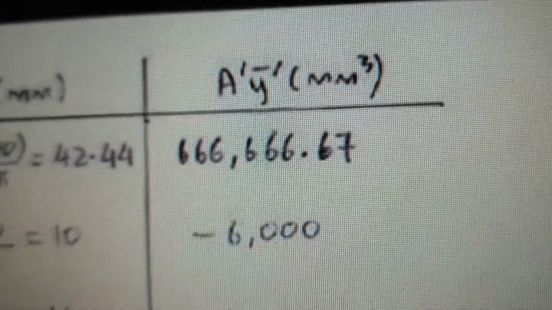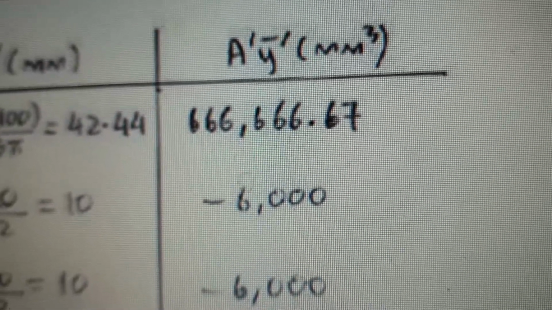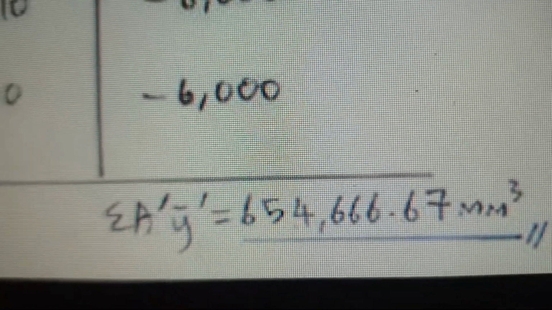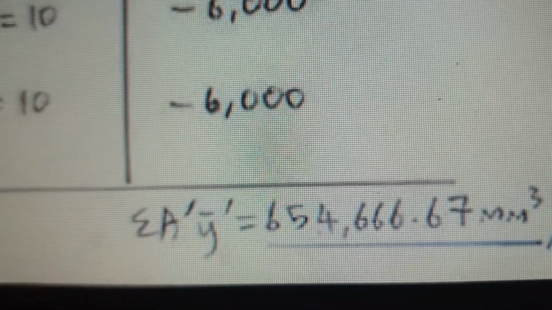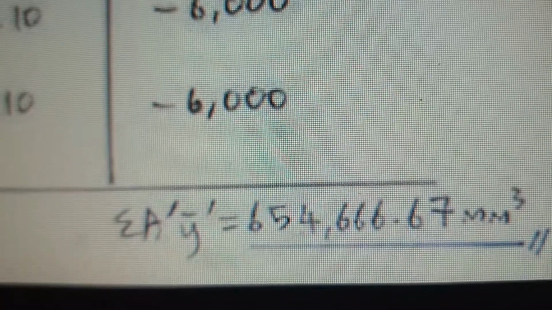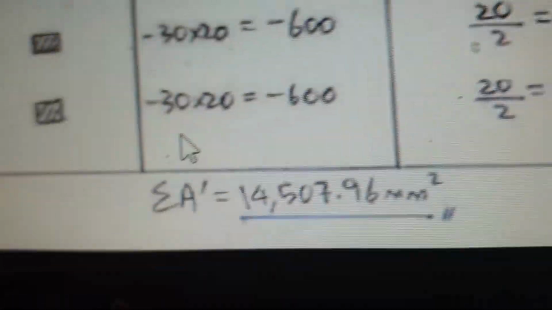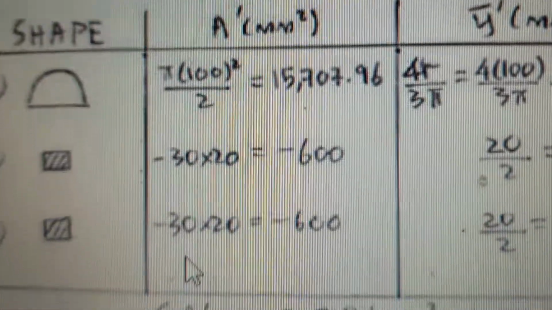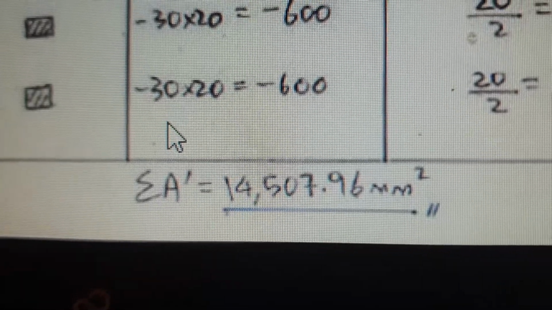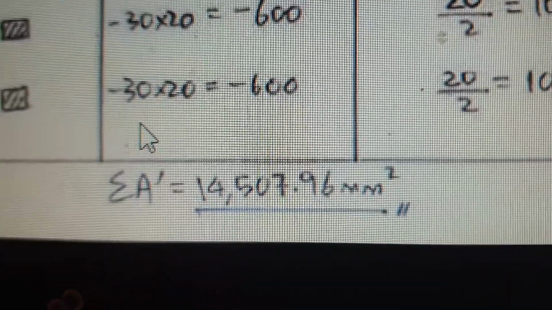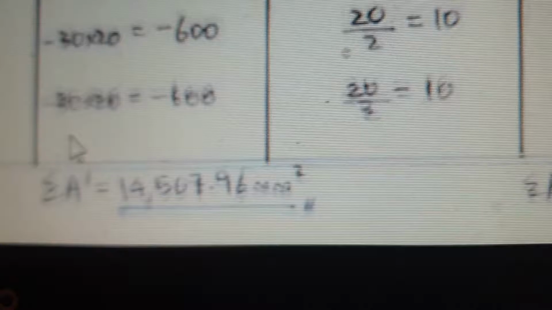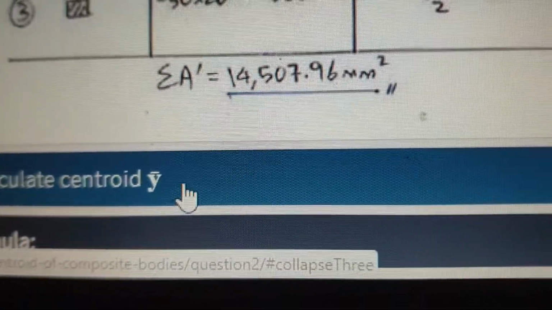Same thing here. Now we add up all area times y bar, and that is 6,666.67 millimeter cube, divided by the total area. You sum up all the areas, you'll end up with 14,507.96 millimeters square. So y bar is dividing this over this, and this would give you the centroid.